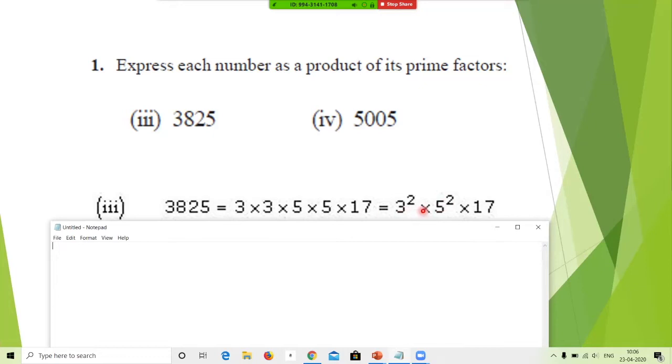Always go in the ascending order, please. Fine. Okay. 3 square into 5 square into 17. Go ahead with the next one.